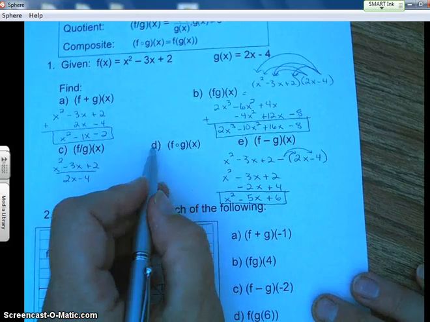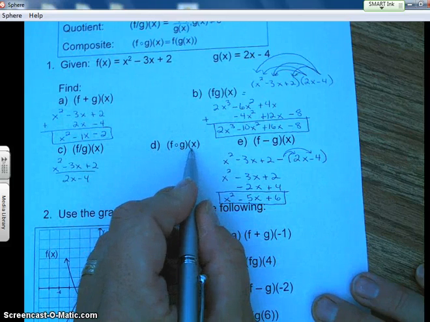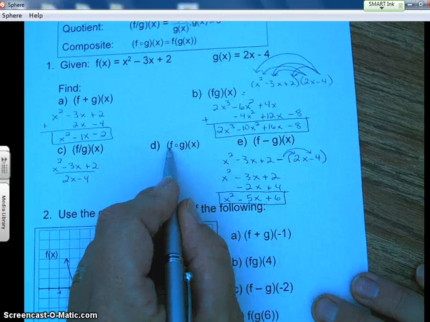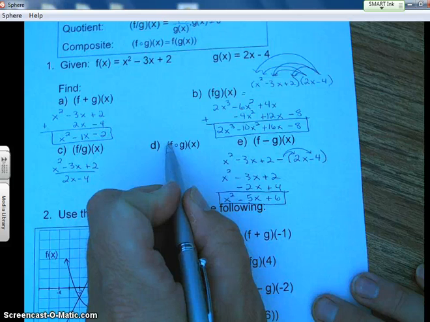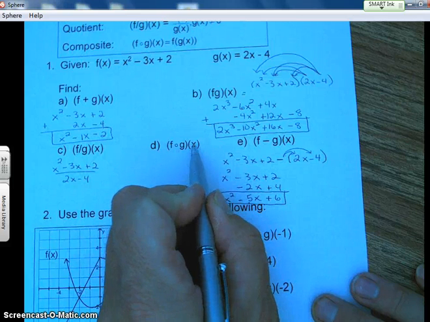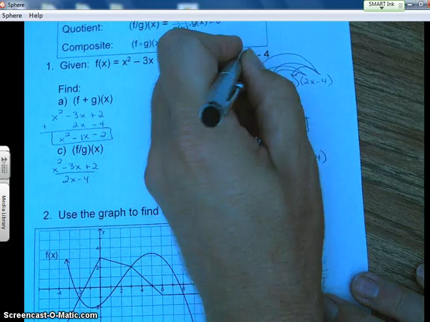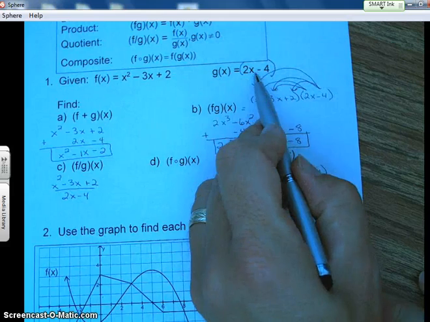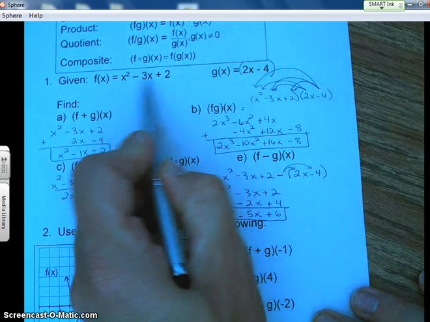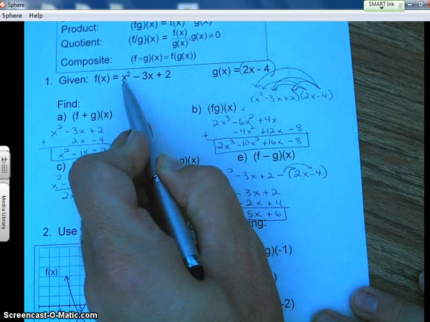Okay, D. We have f of g of x. That's how you read that, f of g of x. So we're plugging g into f everywhere we see an x. So what's g? 2x minus 4. So we're plugging this function into function f everywhere you see an x.